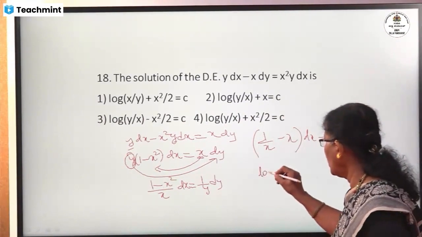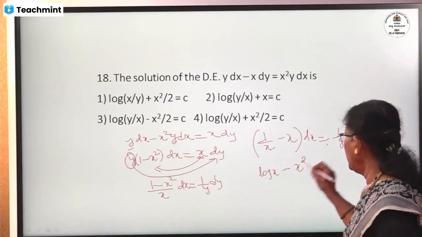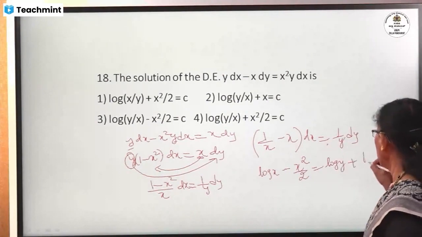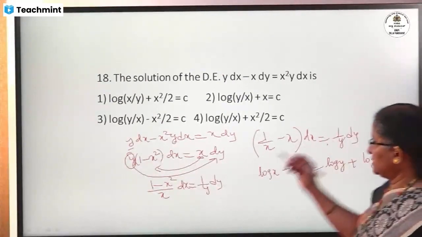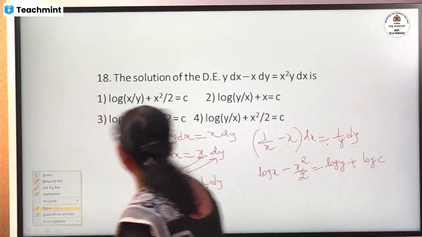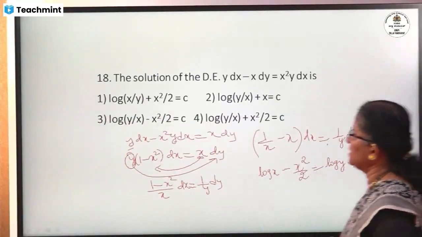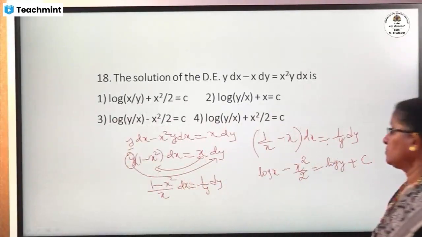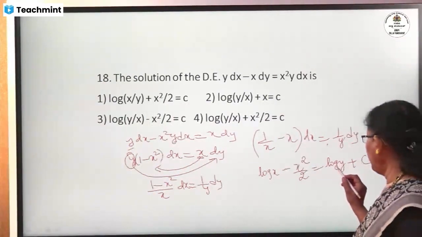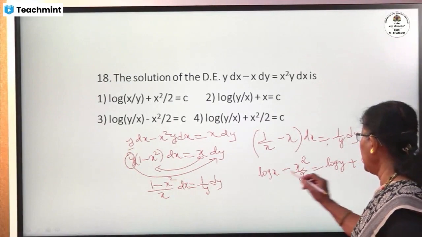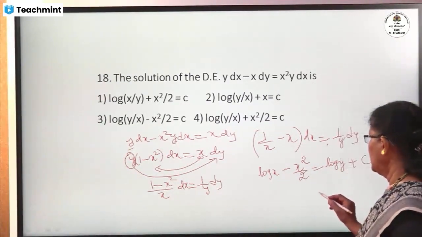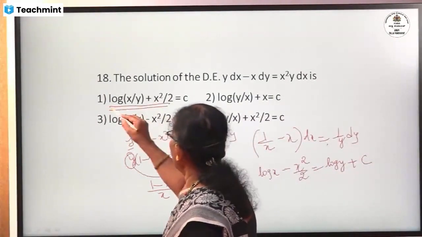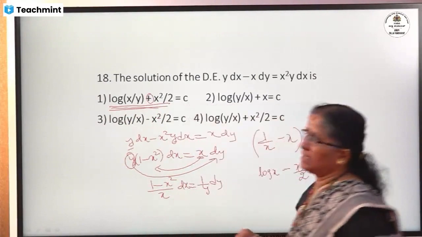1 by x integrates to log x, minus x squared by 2, equal to log y plus log c. Anyway, c is coming alone, so let us not use log. I can simply use only c. Correct? Now, if I shift this log y term to this side, I will get log x by y plus minus x squared by 2. But there is only one term containing log x by y, and that has plus x squared by 2.